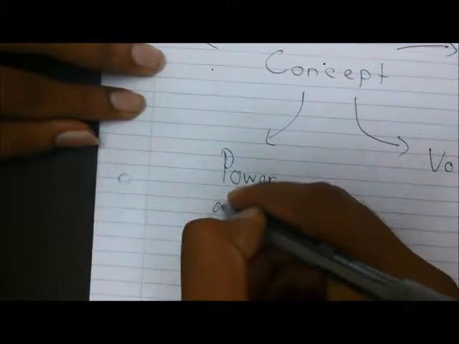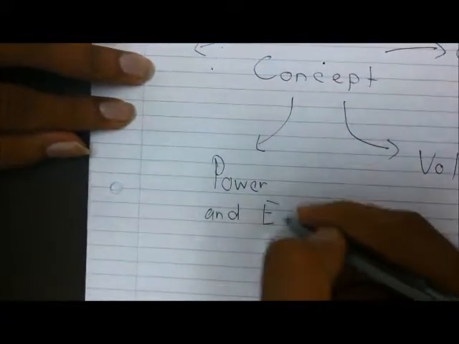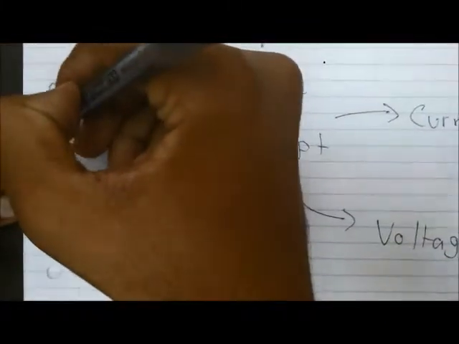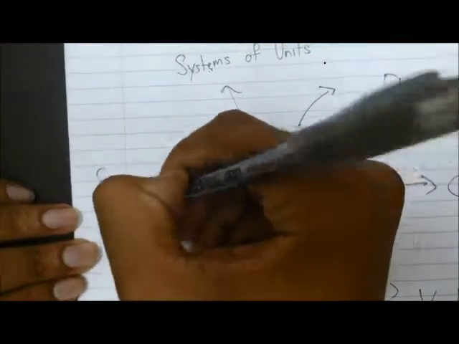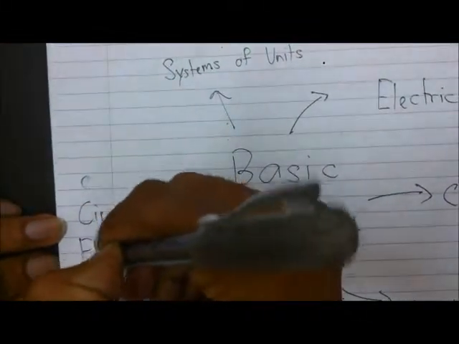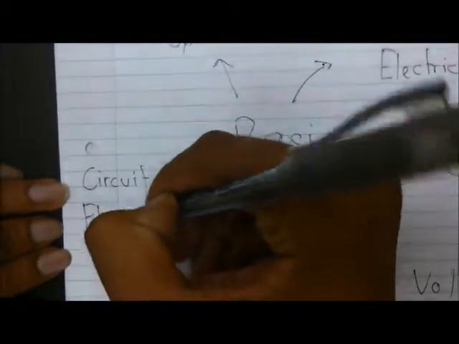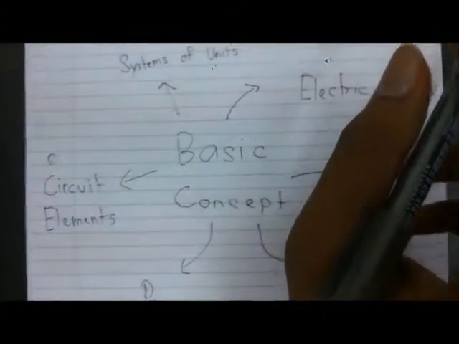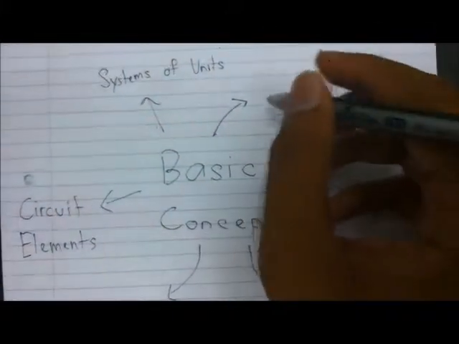All these are in terms of just definition without calculation in it. And circuit element. Circuit element is needed because we are drawing circuits, so we need to know the elements and the characteristics behaving under that element.